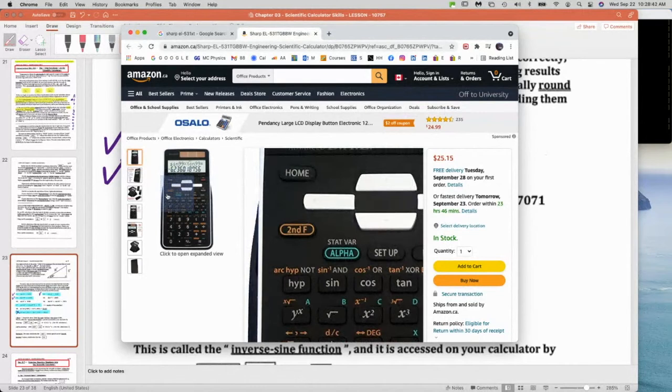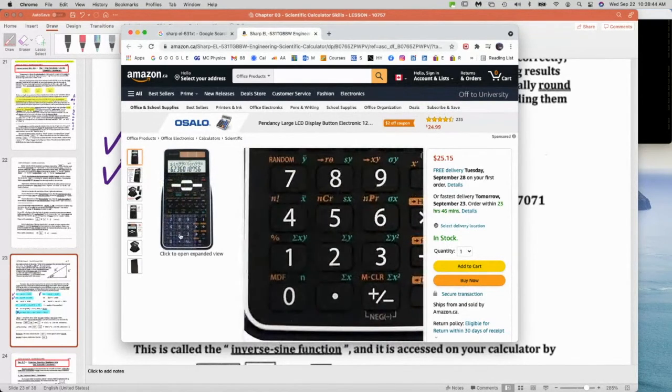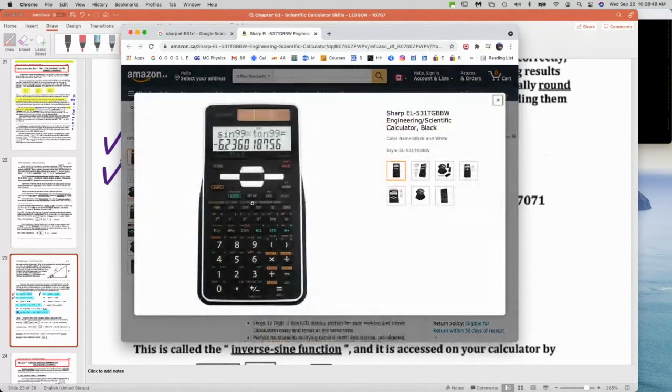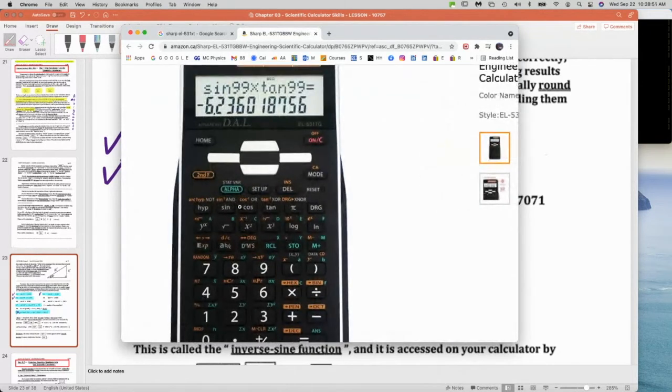Second function. There we go. I think it's right here. See DRG? You see DRG right there, Matthew? Okay, hit second function, DRG, and then you should be able to change it there.